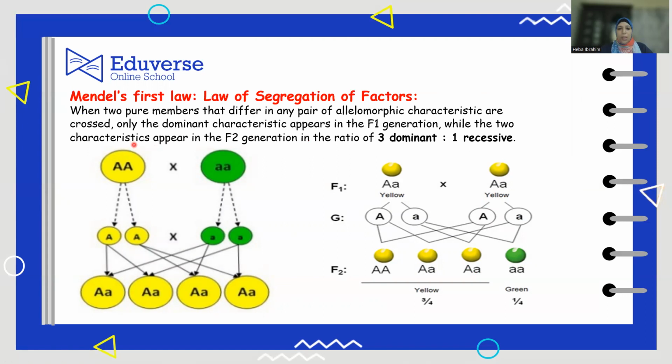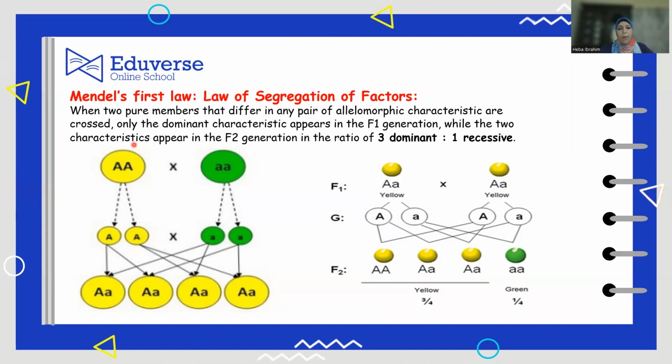Mendel discovered the inheritance of genetic traits through many generations by his experiments on the pea plant. He was the first one to talk about inheritance, or genetics in general.